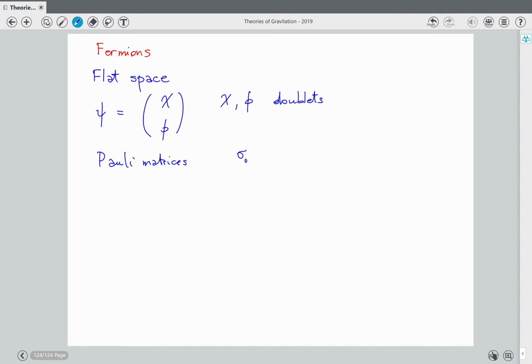So we add the identity, which we'll call sigma 0, and then the Pauli matrices, properly called sigma 1, sigma 2, and sigma 3.